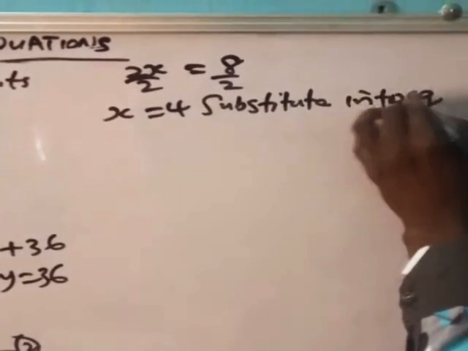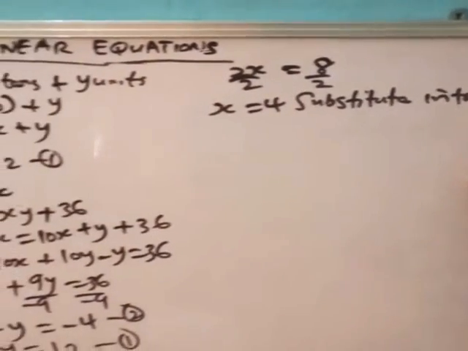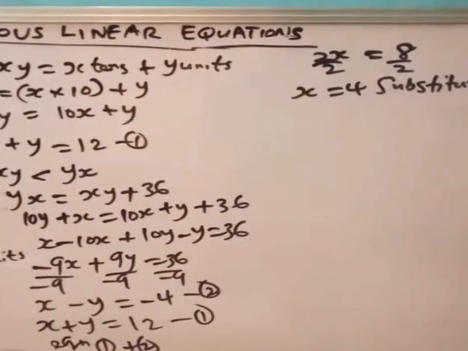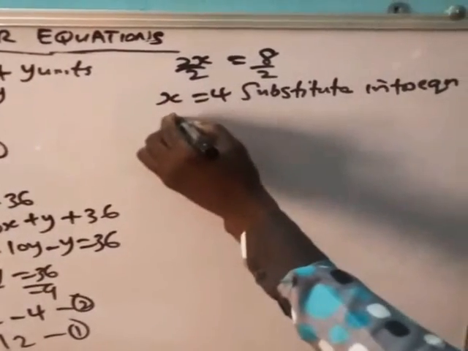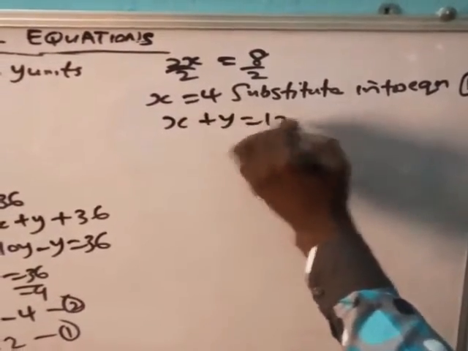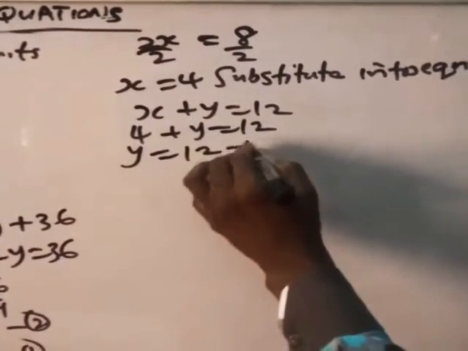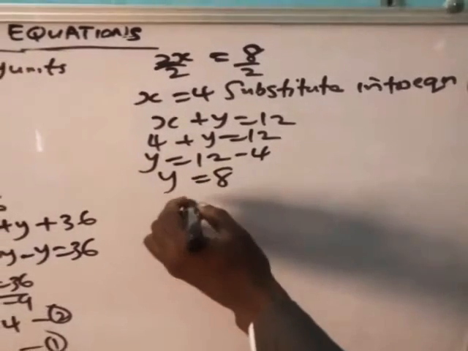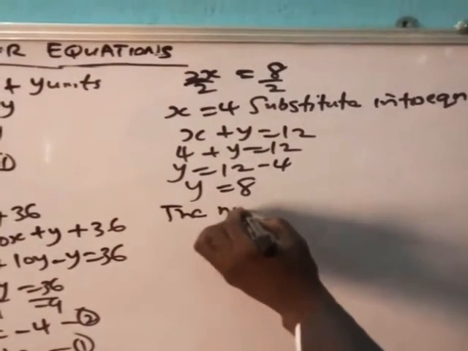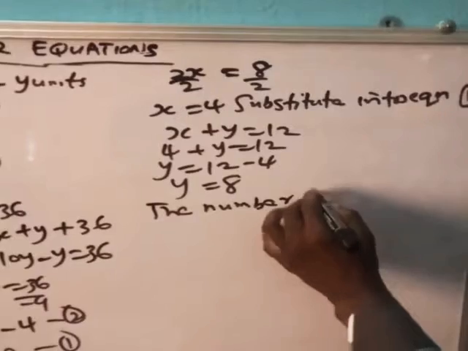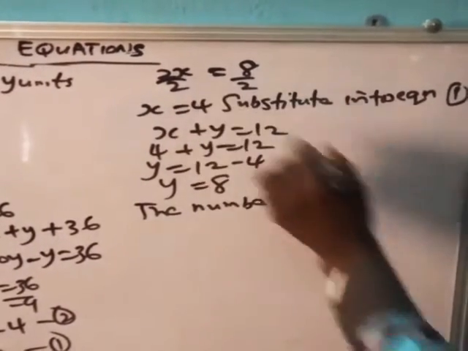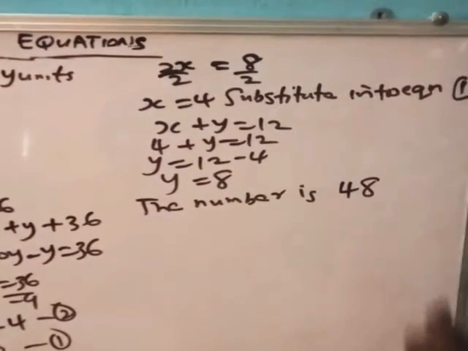So let me use equation 1. Any equation you want. Equation 1 says x plus y is 12. So 4 plus y is 12. y is 12 minus 4. y is 8. So the number is xy, and that is 4 and 8. The number is 48.